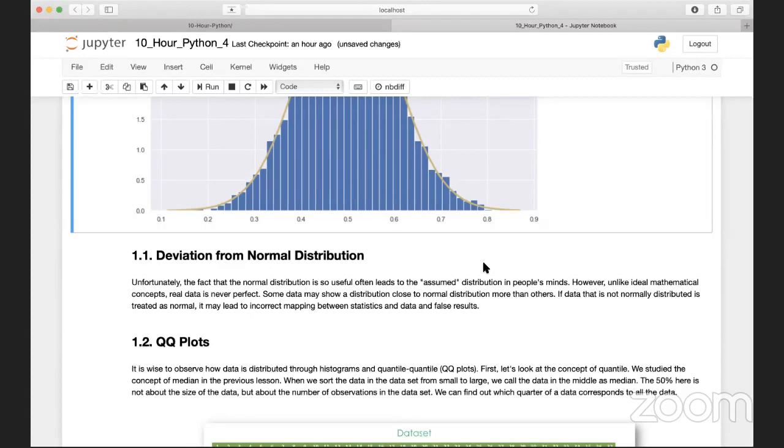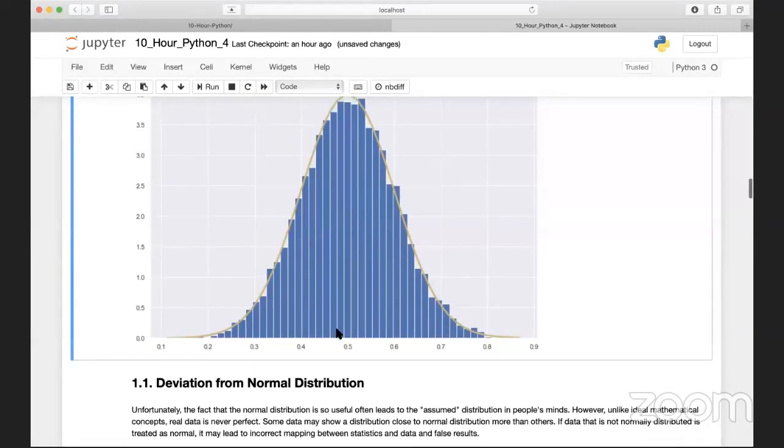The reason is that it can be easily summarized by 2 statistical parameters, mean and standard deviation. So once you know the mean of the data and the standard deviation of it, you know the probability of the point. That's a huge piece of information, as I said. The area under the curve is 1. The area under the histogram is 1, which makes it easy to calculate the probability of a distribution.